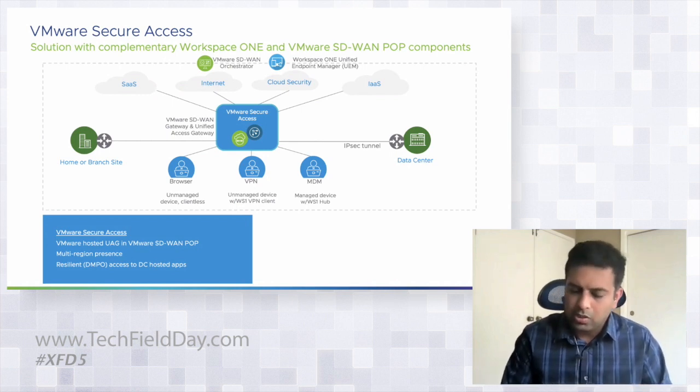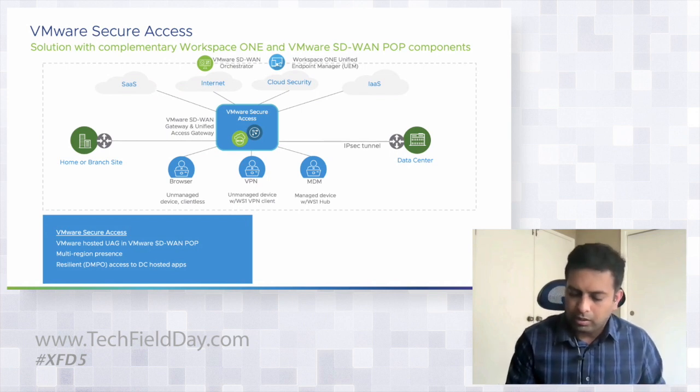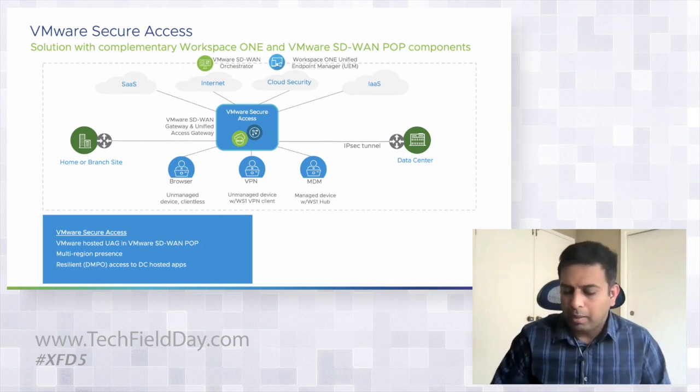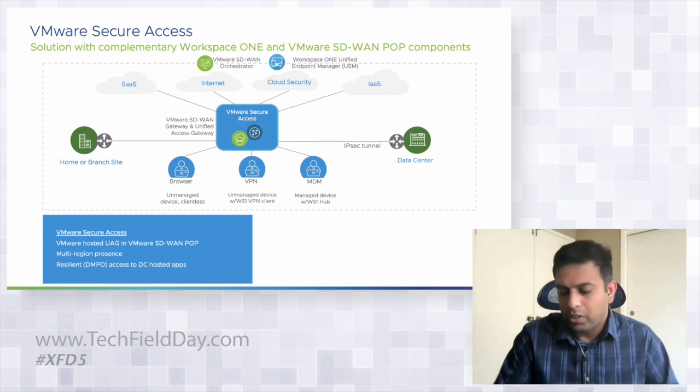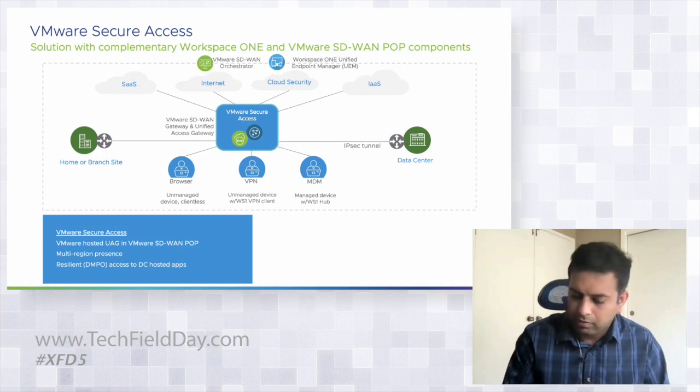The other point is I talked about scaling up and scaling down. Craig went through the POP architecture, where we are evolving our POP by making the infrastructure more conducive to run cloud native applications. So Secure Access is going to be our first application, which will be run in a cloud native mode.